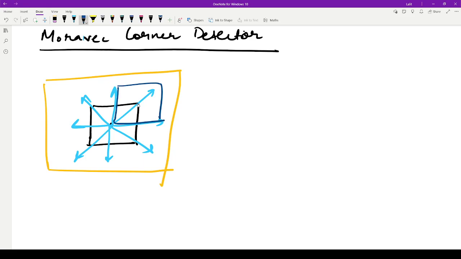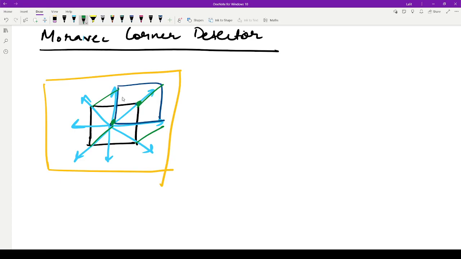Now I have moved this central pixel in this direction by one unit. Once this happens, I check the pixel intensity differences at the corresponding pixel locations. So I'll check this difference, this difference, this difference, this difference, and the central pixel as well.